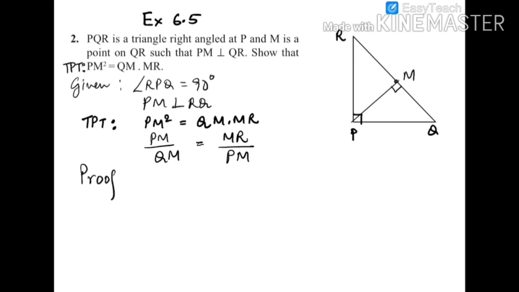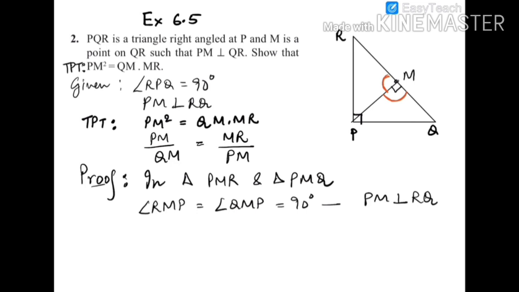So start the proof by mentioning the triangles in which you are going to find corresponding angles equal. So in triangle PMR and triangle PMQ, angle RMP and PMQ are going to be equal. Why? Because each is going to be 90 as PM is perpendicular to RQ.